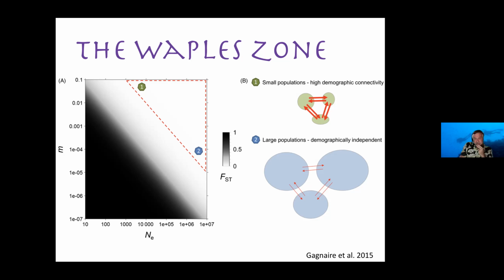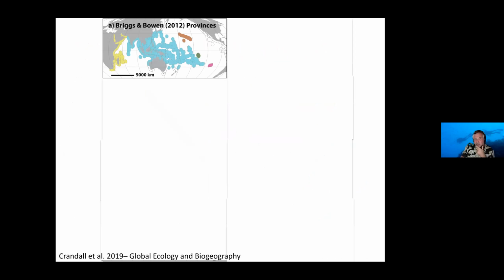We took this large database that we had put together for DipNet, and we wanted to test some biogeographic hypotheses. We've got this huge database of species, and we've got all of these hypotheses about how the Indo-Pacific is broken up biogeographically.